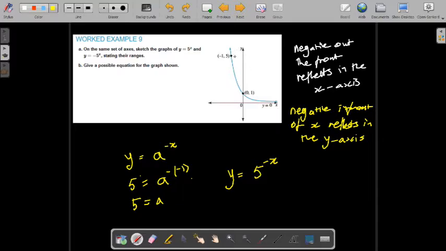Just indicate, okay, we're going down, so it means we've got a reflection in the y-axis, because most of the time the positive is going to be like that. But we're going down, so it's negative x, and then just need to work out what that a is. So that's it for B.